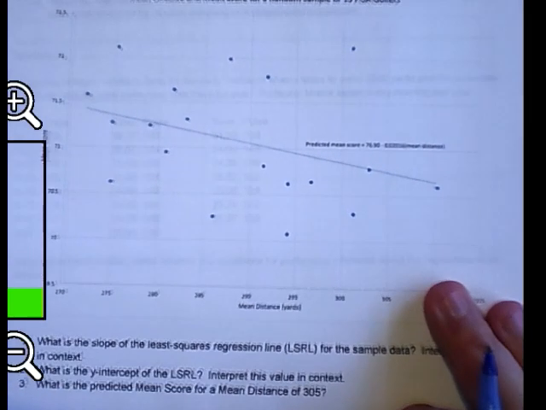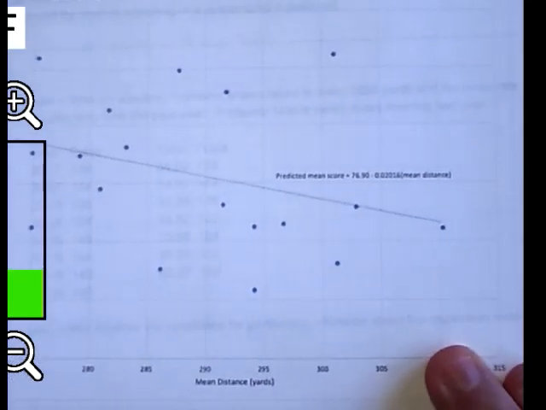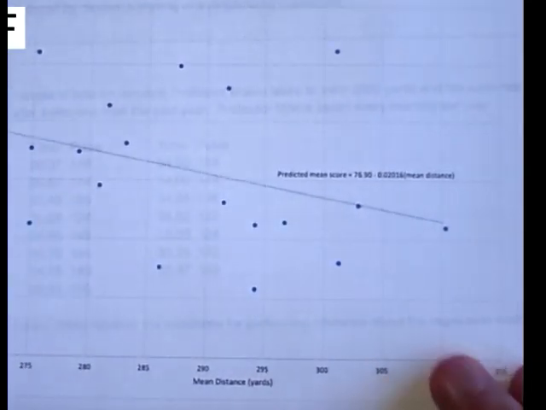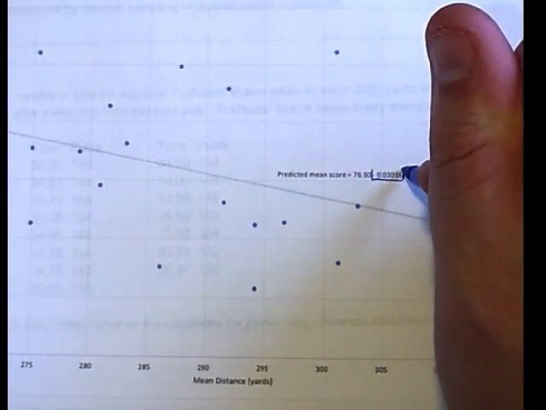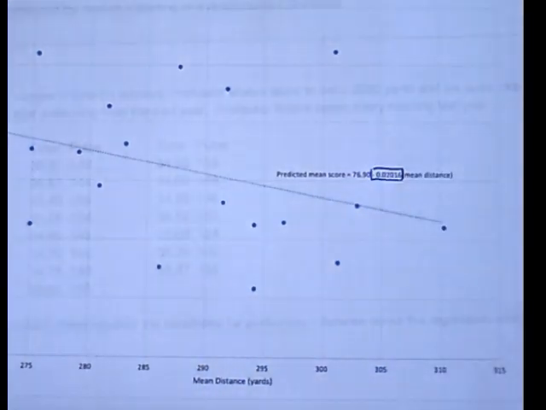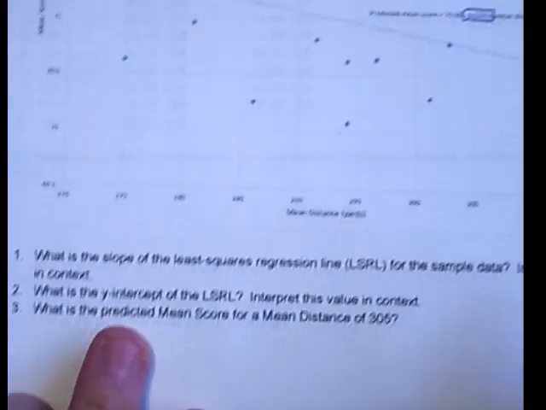I know it's kind of hard to see right here, but whatever the coefficient is next to the x variable, that's the slope. So in this case, the slope is negative 0.02016.